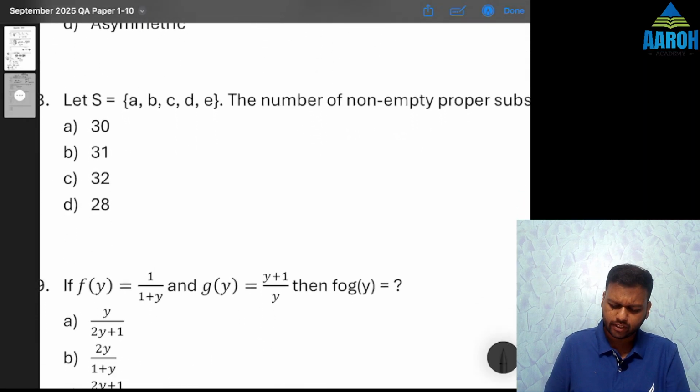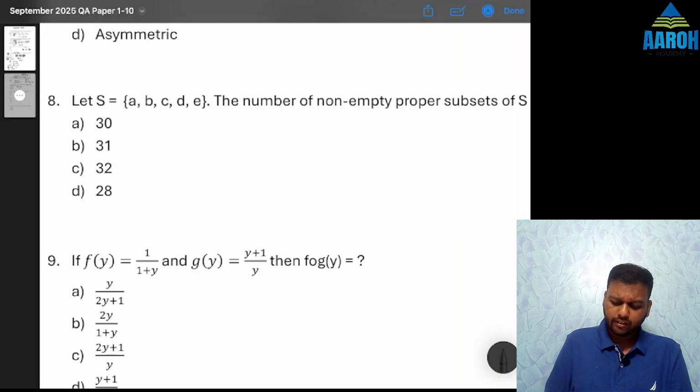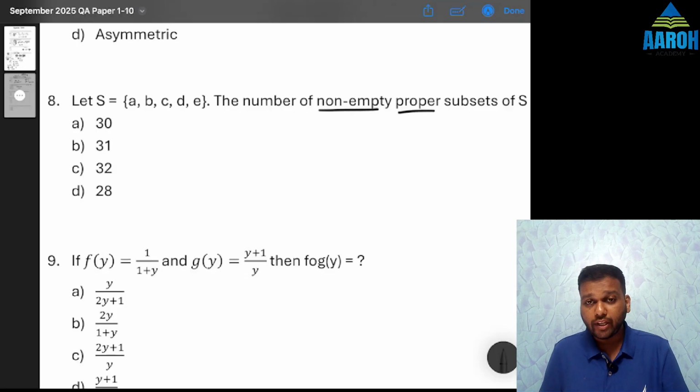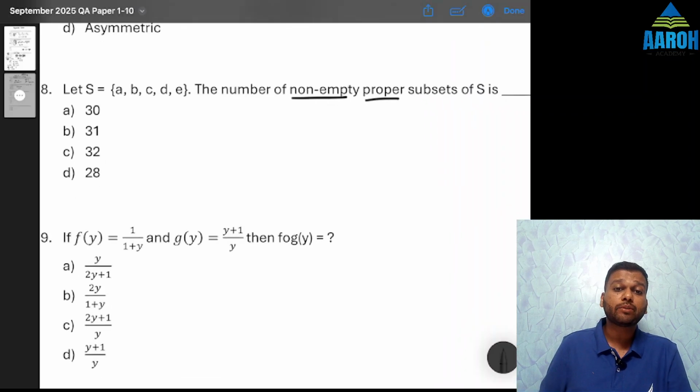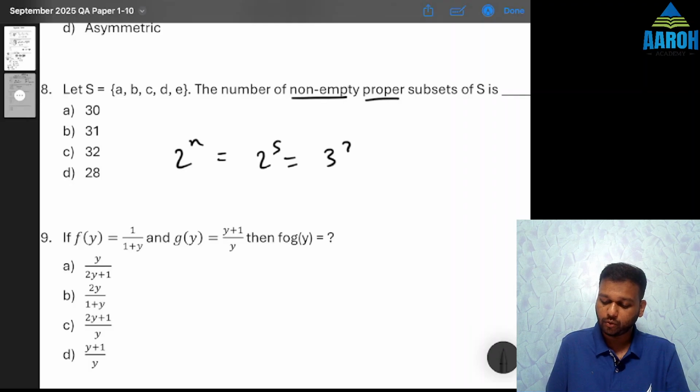This is a pure theory question. Eighth, let S be this set, the number of non-empty proper subsets. Non-empty proper subsets is what? First understand, the total number of subsets of a set is 2 raised to n. There are 5 elements here, A, B, C, D, E, so 2 raised to 5 is 32.